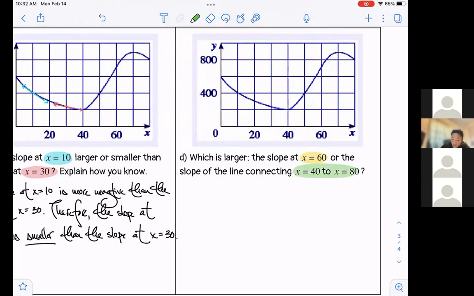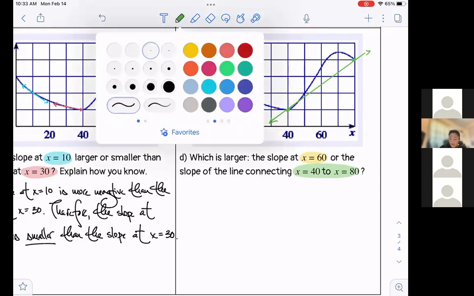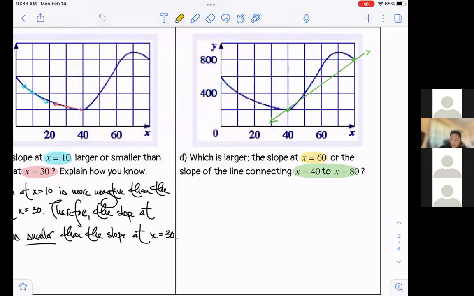Now I think the green line, we can all imagine how we might draw that, like 40 to 80, and we can connect that. That was terrible. Let's try that again. Okay, so we've got this green line here. What numbers might I try and draw two dots at to get the idea of the slope at x equals 60?